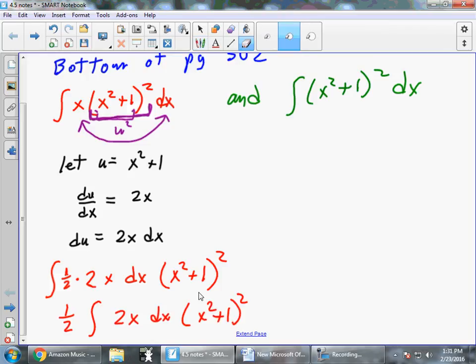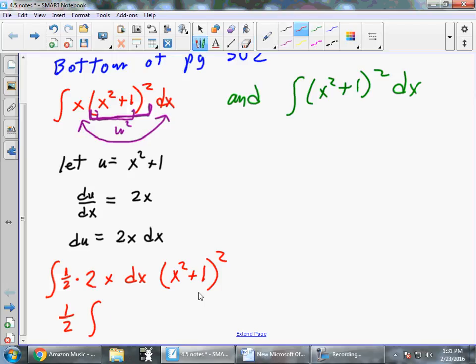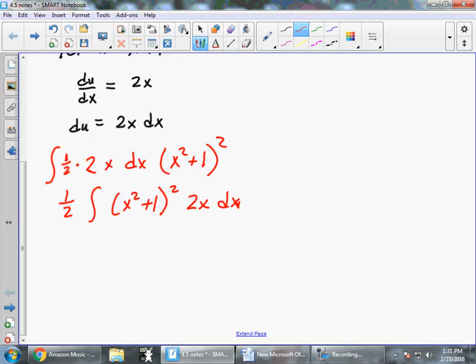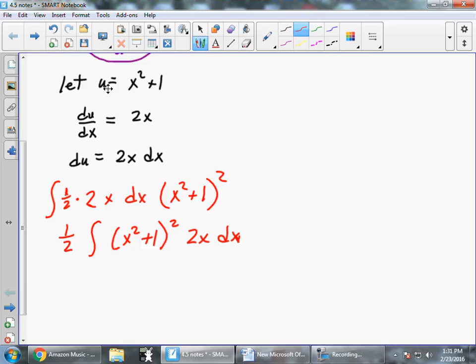And really, you'd probably write this as x squared plus 1 squared 2x dx like that. Okay? Now notice my du was 2x dx and my u substitution was x squared plus 1. Well, okay.